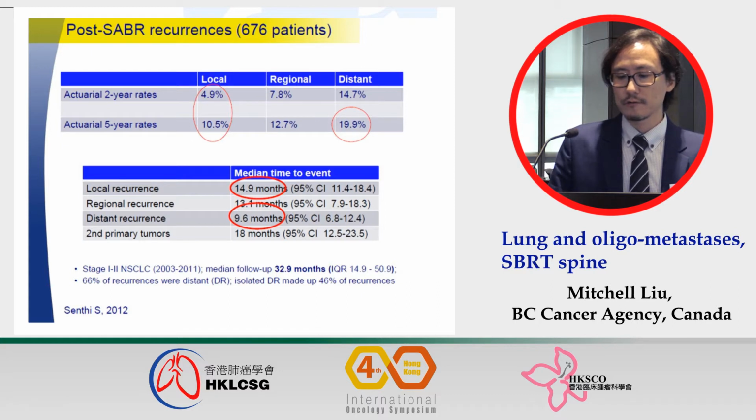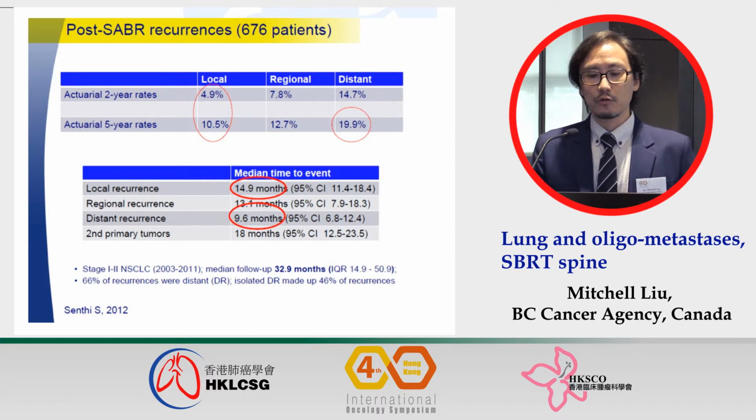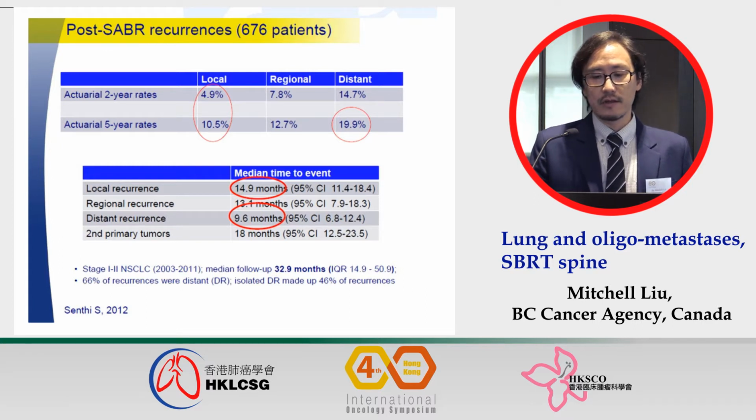The local control with SBRT for peripheral lesions is usually quite high. Most of the publications indicate that the local control is in the range of 85% to 90%, and regional control is in the range of 85%. Distant control is 80%.